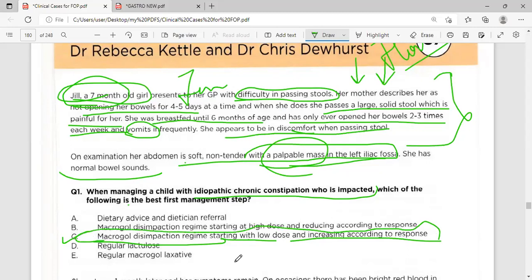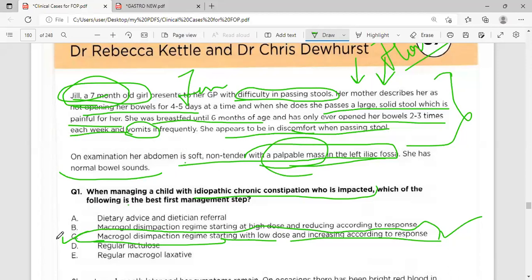Okay, you are giving this and the child is responding. Now you're going to discharge the child. While discharging, you have to give a maintenance dose for about 4 to 6 months, regular macrogol laxative. Along with that, you will advise drinking a lot of water, dietary management and all that. But first, if your child is coming with impaction, you have to release that. Okay.